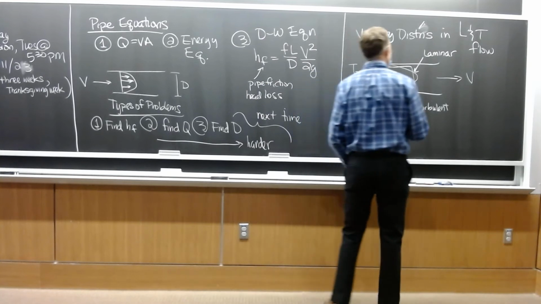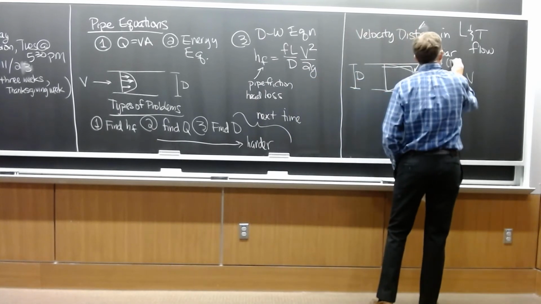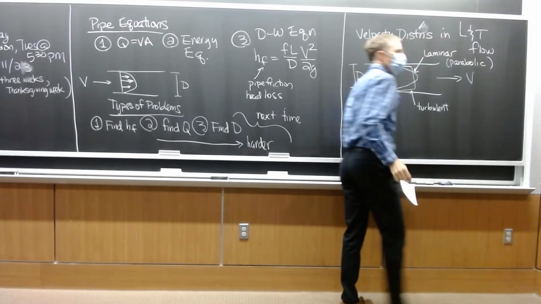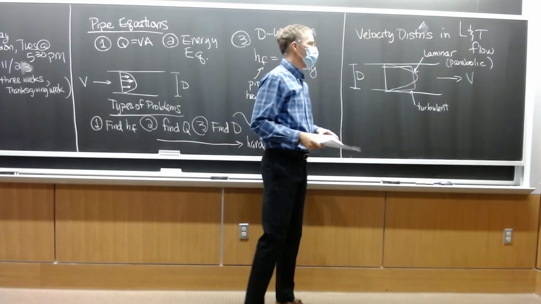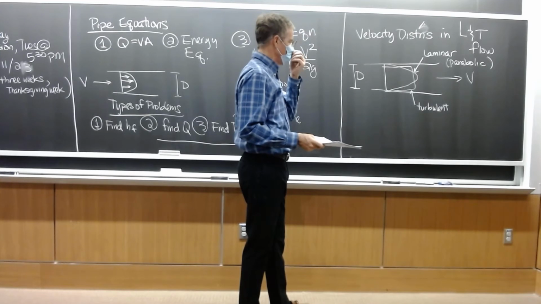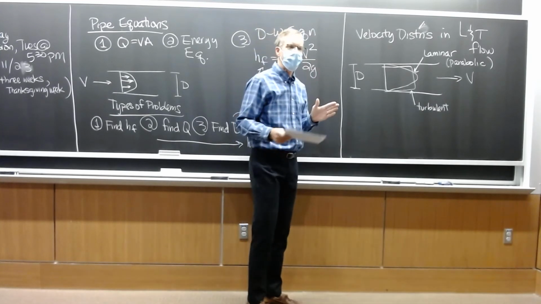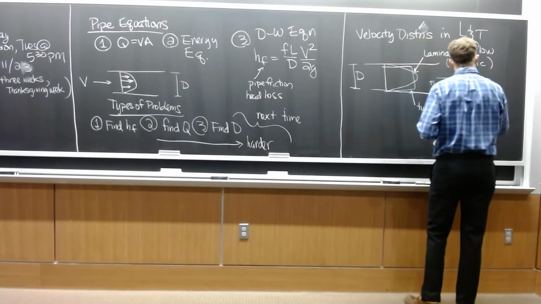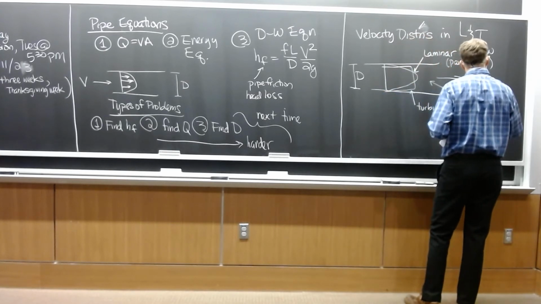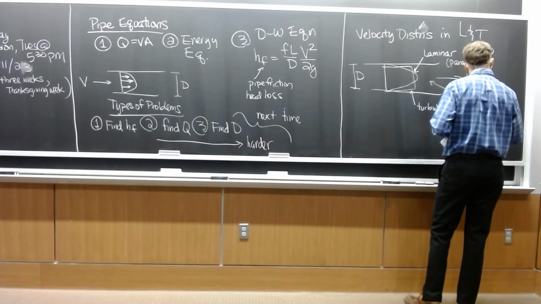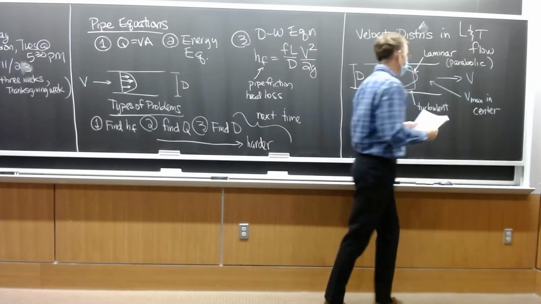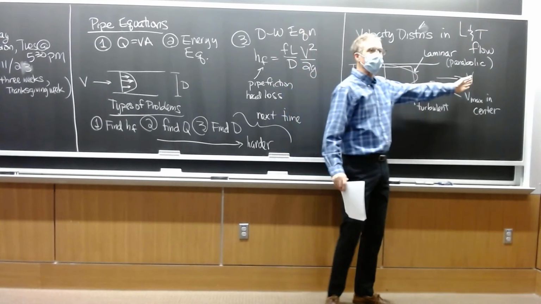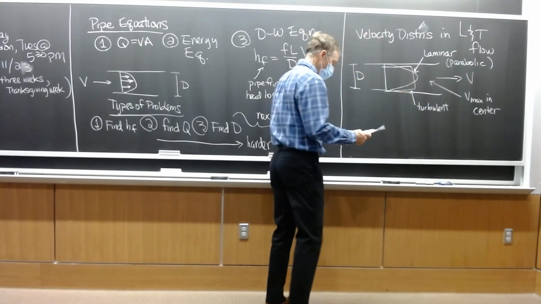It's actually parabolic. There's an equation you can write for the velocity distribution as a function of the radius from the center. They both have their maximum velocities in the pipe center, but how that maximum velocity corresponds to the average velocity varies for the two cases.